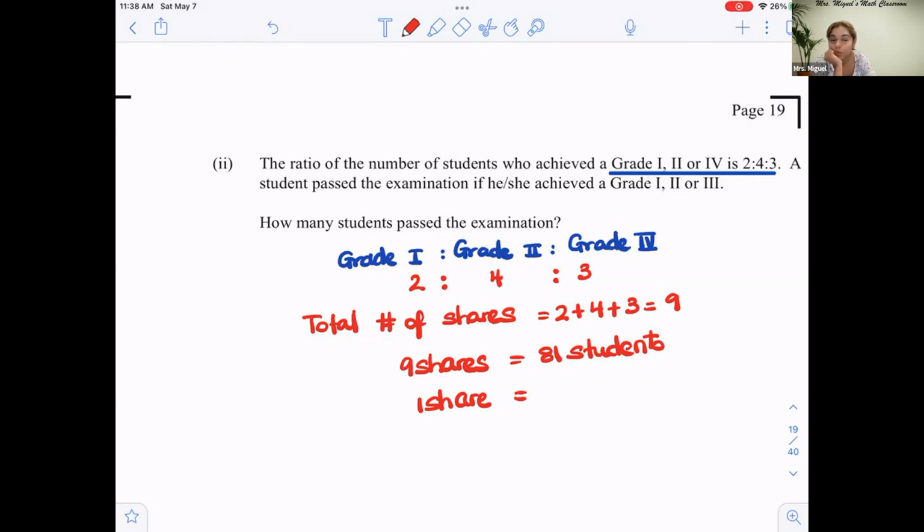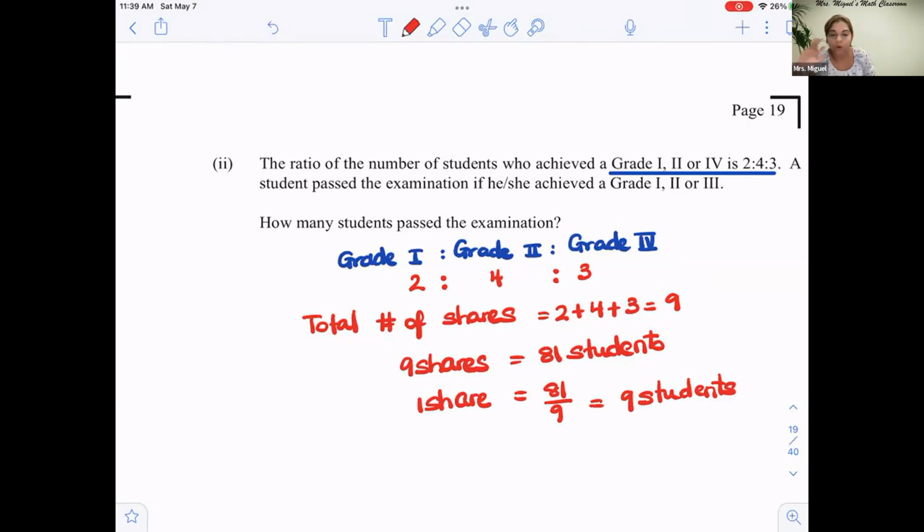How much is 1 share? How many students is 1 share? Right, very good. 81 divided by 9. This is 9 students. Now let us examine exactly what this means, because some of you still don't understand ratio.